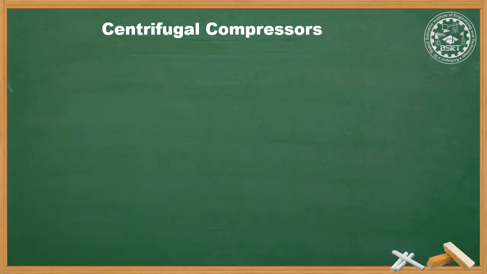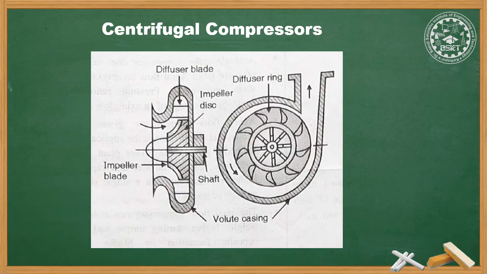The next type of compressor is centrifugal compressor. It mainly consists of impeller and diffuser. The impeller consists of an impeller disc and impeller vanes attached on the impeller disc radially, forming radial diverging passages as shown in figure below.